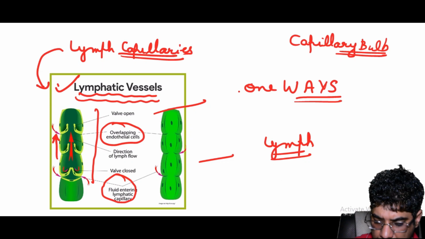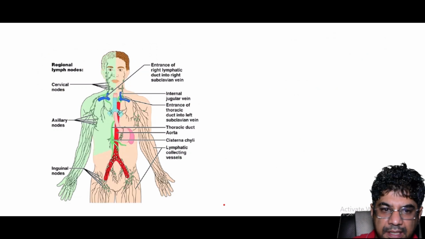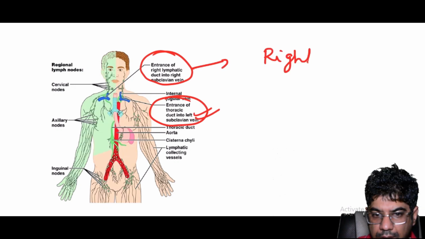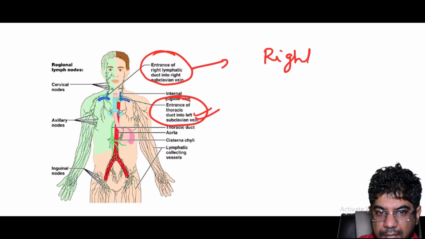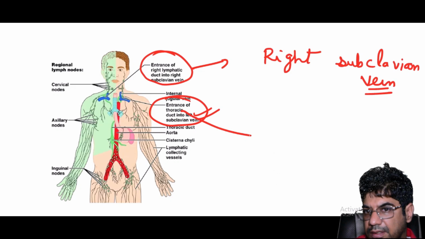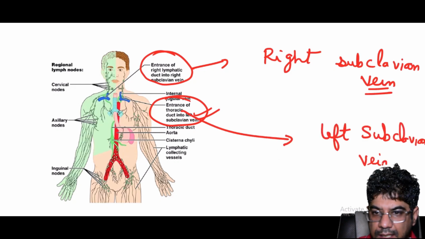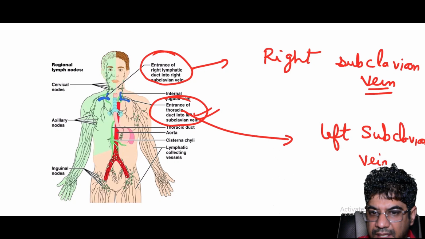Remember, the large lymph vessels form a right lymphatic duct and the thoracic duct. The right lymphatic duct opens into the right subclavian vein, and the thoracic duct opens into the left subclavian vein.